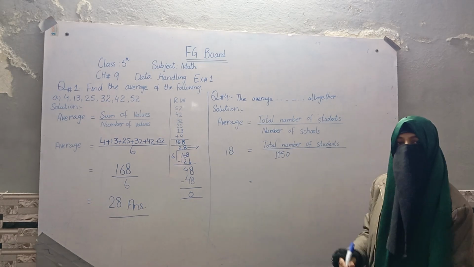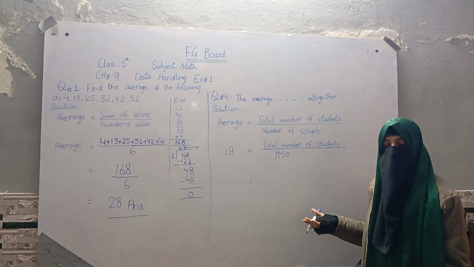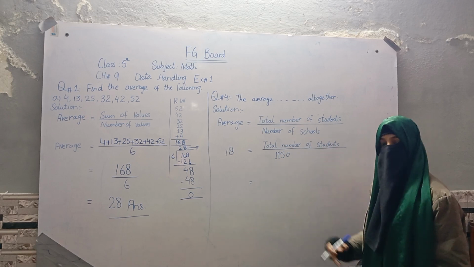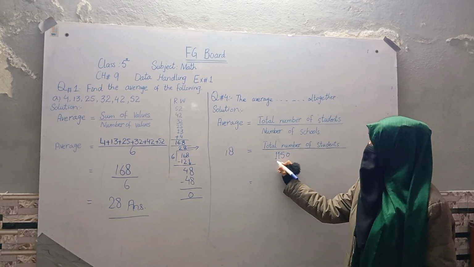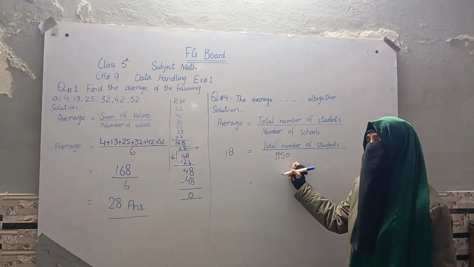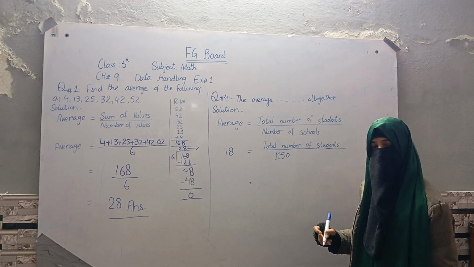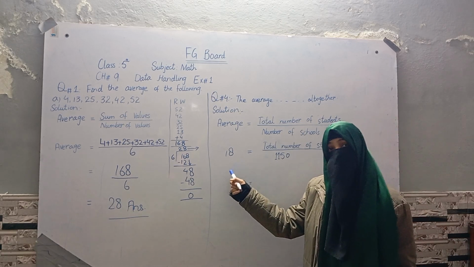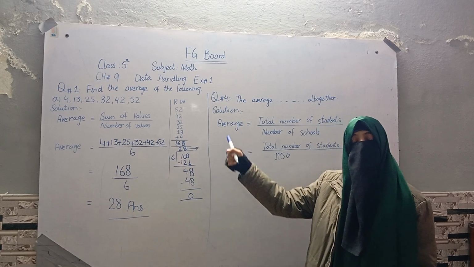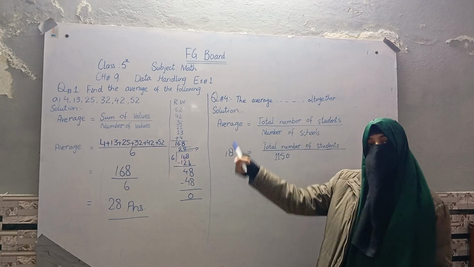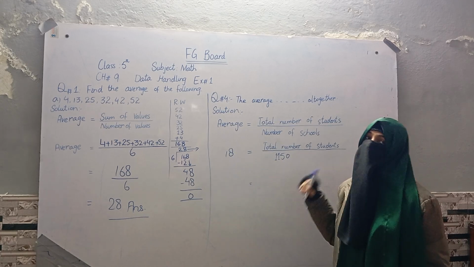So now what do we do? How can we solve? Here we have to find the total number of the students. Here you see the 1150. It is divided, so it becomes multiplied with the other number on the other side. If anything is divided, when it comes to the other side, it becomes multiplied.